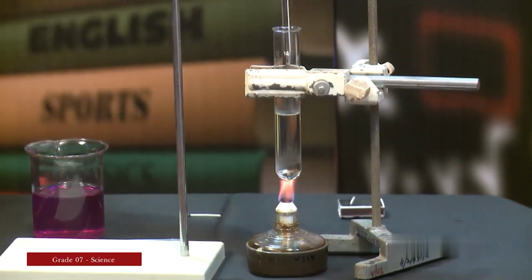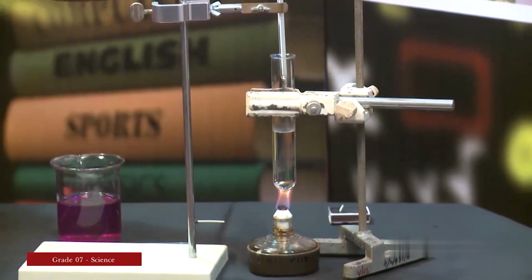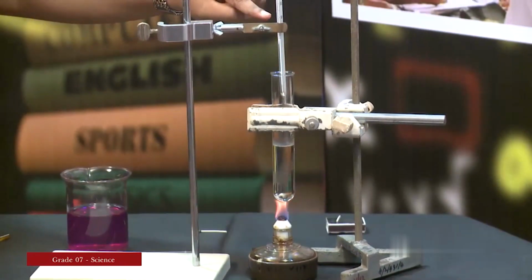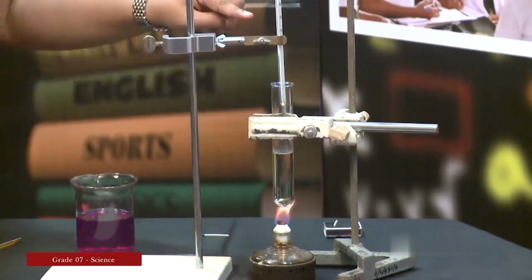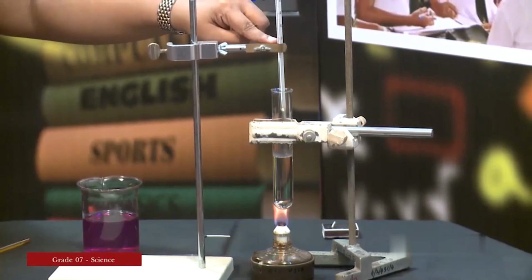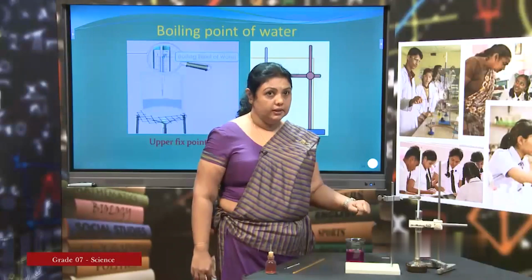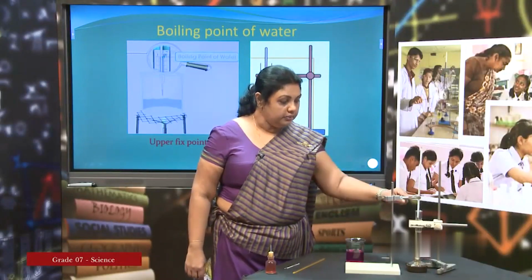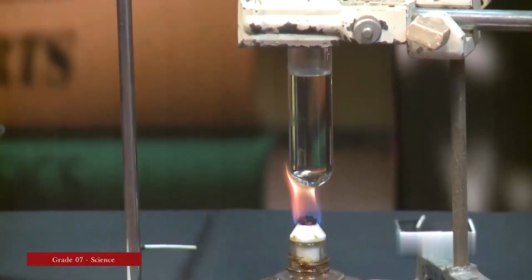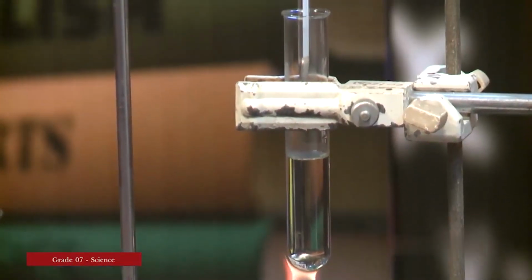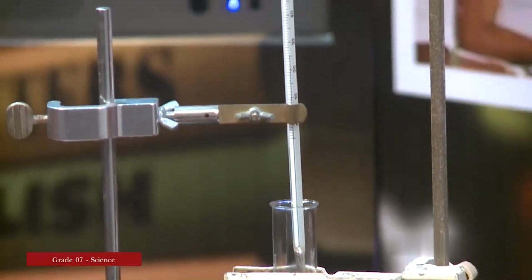If you look here, there is the mercury level. When the water is heating up, the mercury level in the thermometer moves up. You can observe here. After some time, it is now at 50 degrees Celsius. We will see how much it will go.